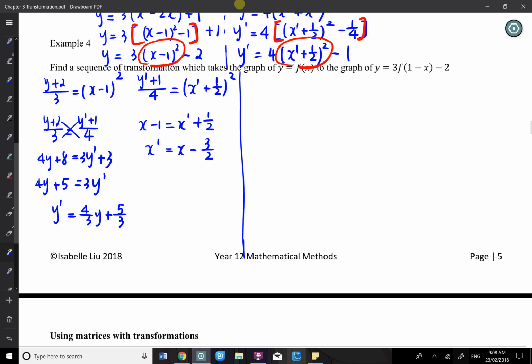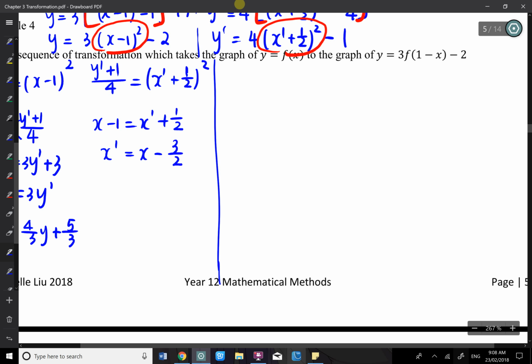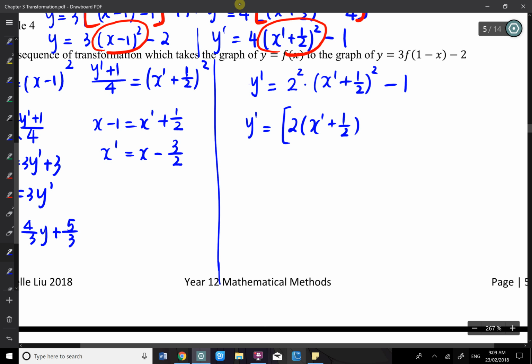So let's think about the y dash one. The y dash one is easy. Oh my god, I don't have enough space. y dash equals, this 4 is a 2 squared, times x dash plus a half squared minus 1. Then what you have is 2 times bracket x dash plus a half, squared, minus 1.